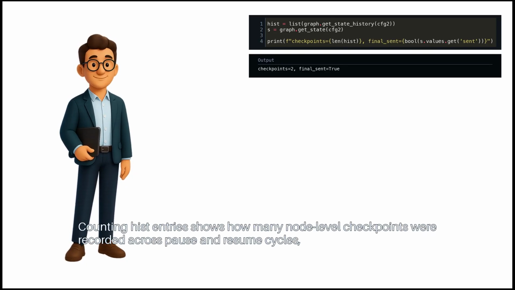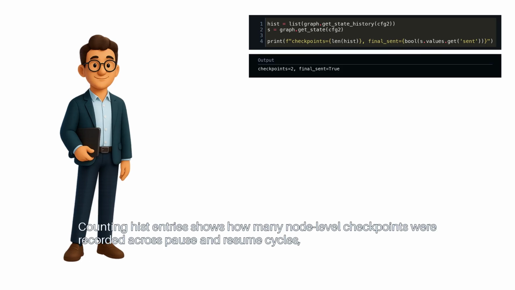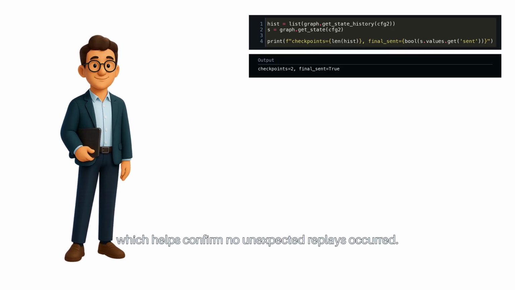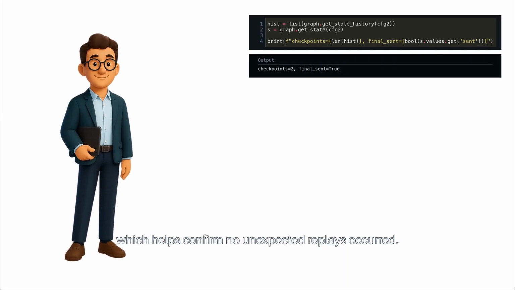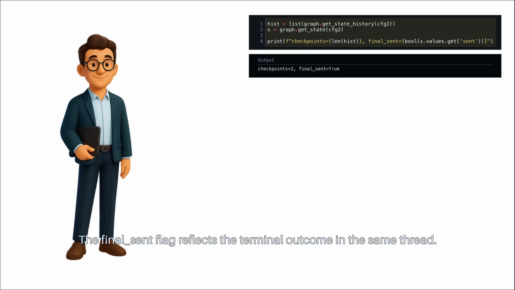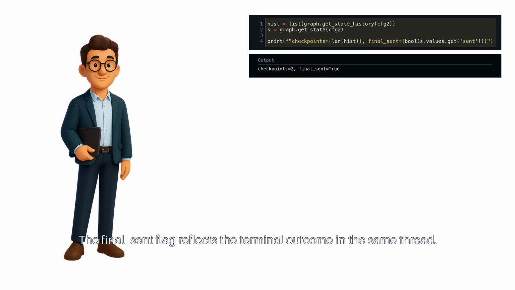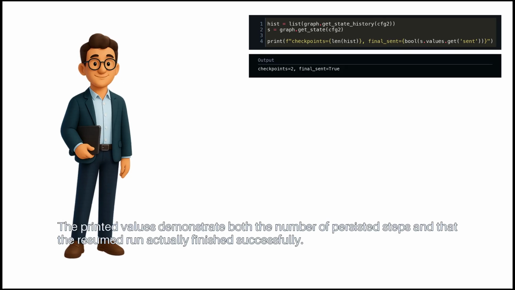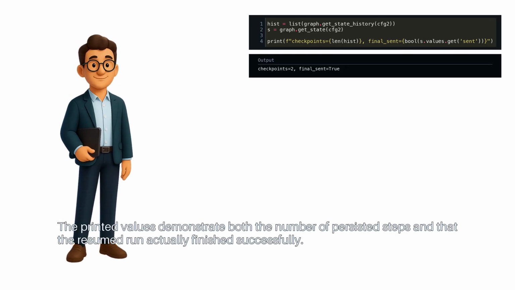Counting hist entries shows how many node-level checkpoints were recorded across pause and resume cycles, which helps confirm no unexpected replays occurred. The final sent flag reflects the terminal outcome in the same thread. The printed values demonstrate both the number of persisted steps and that the resumed run actually finished successfully.